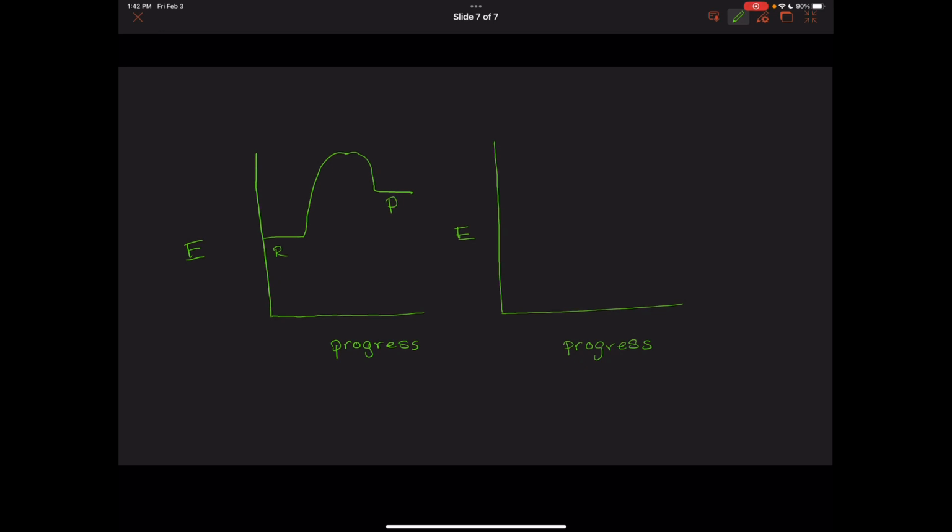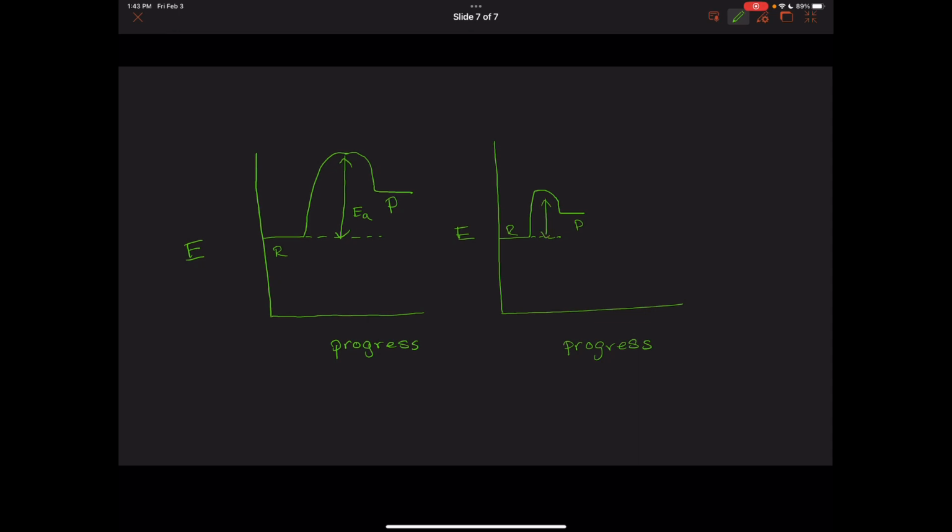And then we decrease until we reach our products. So the difference between the reactants and the peak is my activation energy.